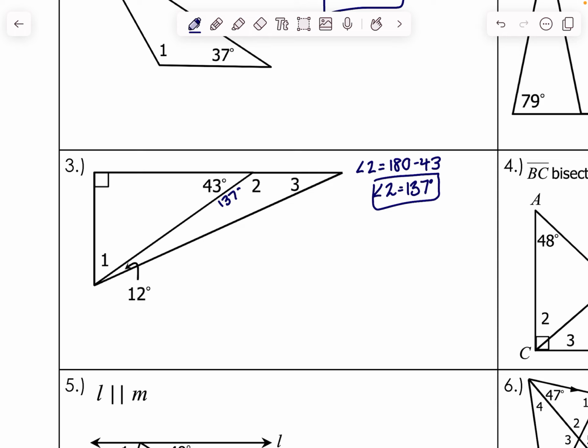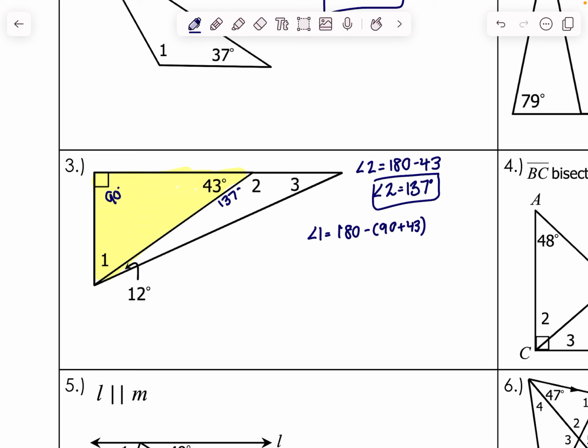So I know angle 2 is 137 degrees. Now if I look at angle 1, in this triangle over here, I know that that box means a right angle, so that's 90 degrees. To get angle 1, I'm going to add those two up and then subtract from 180, because we know triangles have to add up to be 180.